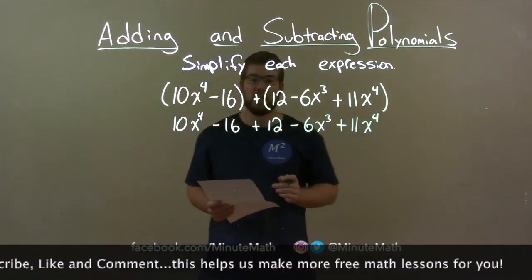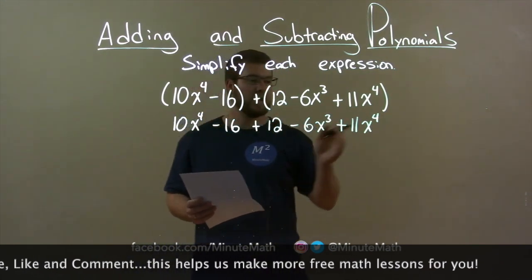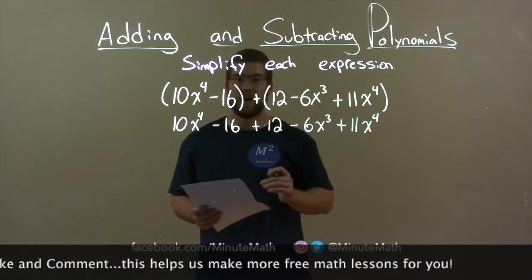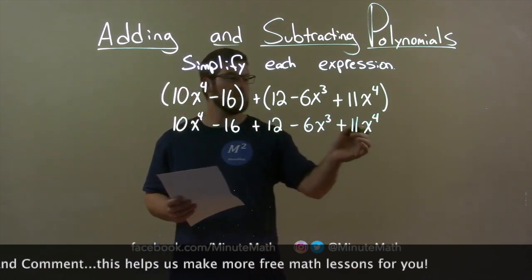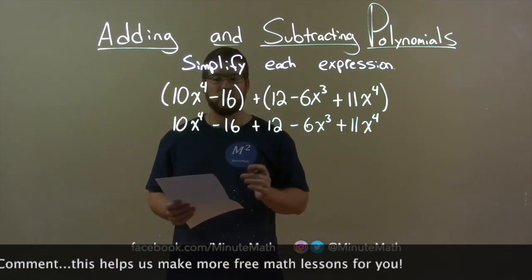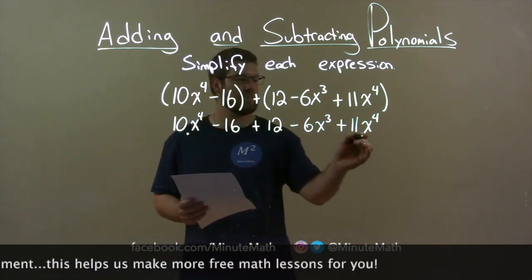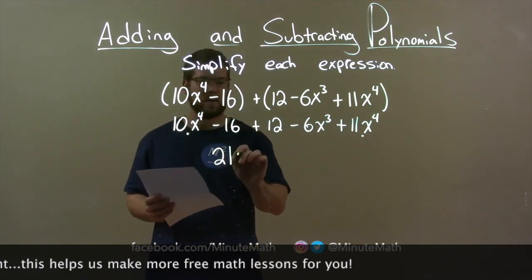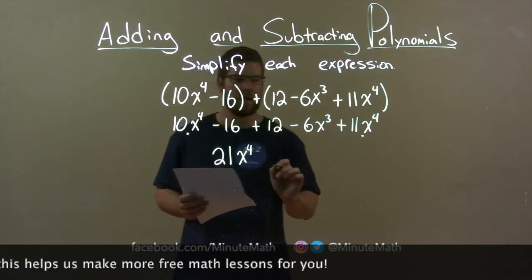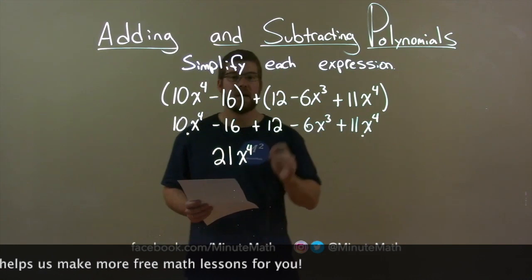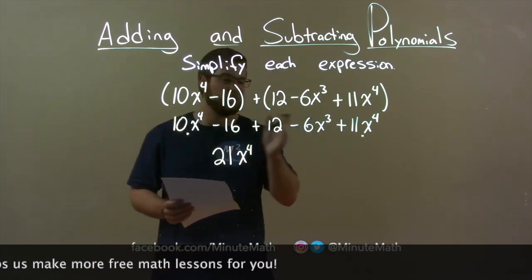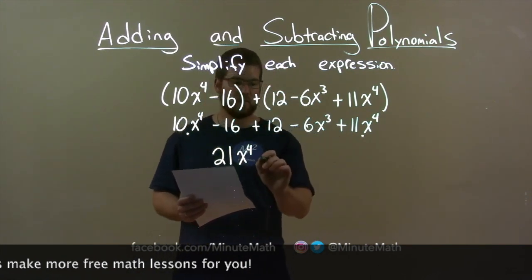I want to combine my like terms. My highest degree that I see here is to the fourth power. So we have a 10x to the fourth and 11x to the fourth. Combine the two, and we have a 21x to the fourth. The next highest degree that I see is x to the third. There's nothing else that's x to the third, so we can just bring that down.